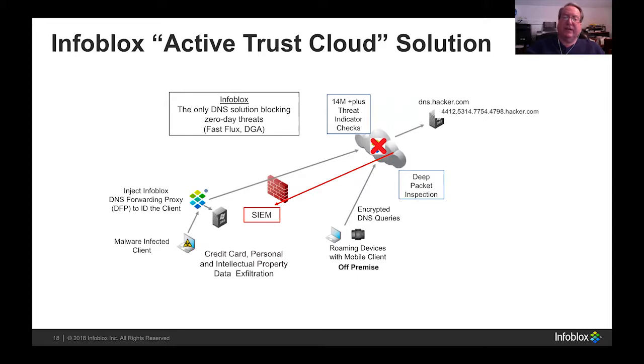So if they're more interested in saying, I need to do incident resolution very quickly, we can offer a solution inside where we can actually do what we call a DNS forwarding proxy, which means all the DNS requests will go not just directly to the Microsoft DNS server, they'll come to our VM or our device that's there, and we'll actually send the proper DNS zones to the local DNS server, and anything that's destined for the internet will be encrypted and then sent directly up into the cloud.